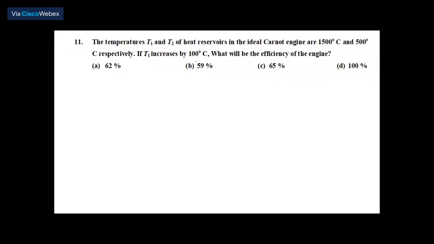Temperature of the source T1 is 1500 degrees Celsius, but you have to express it in Kelvin. With another 100 degrees increase, it is 1500 plus 100, that is 1600, plus 273, which is 1873 Kelvin. This is the temperature of the source.